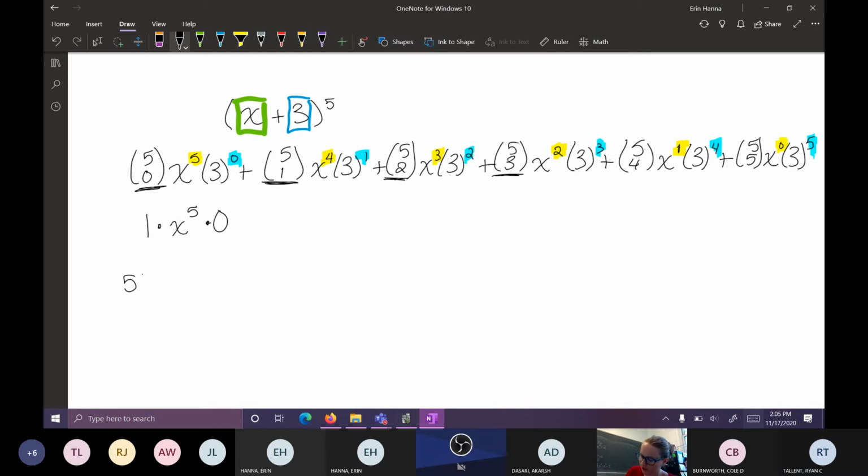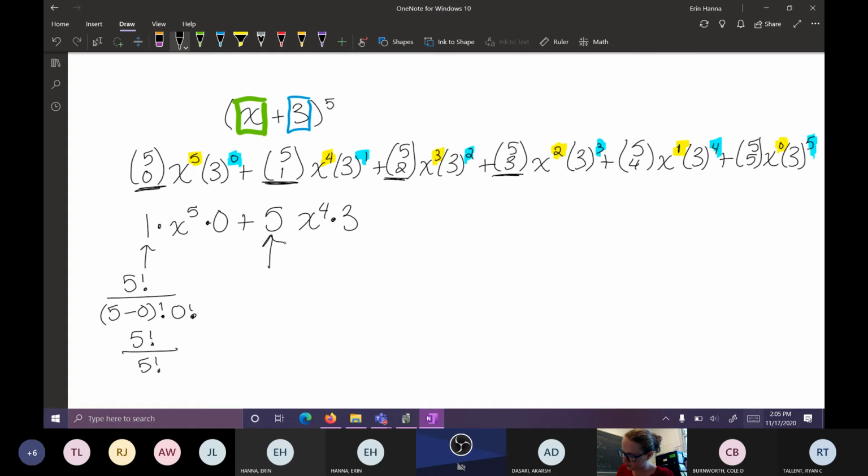So if we start figuring out what these actual numbers are, 5 choose 0. That would be 5 factorial over 5 minus 0 factorial times 0 factorial. So essentially 5 factorial over 5 factorial, so 1. So we get 1 times x to the 5th times 3 to the 0, because anything to the 0th power is 1. If we do 5 choose 1, we get 5 x to the 4th times 3.